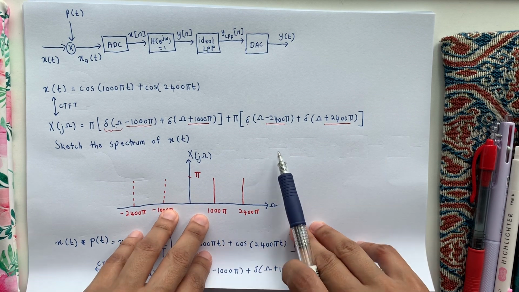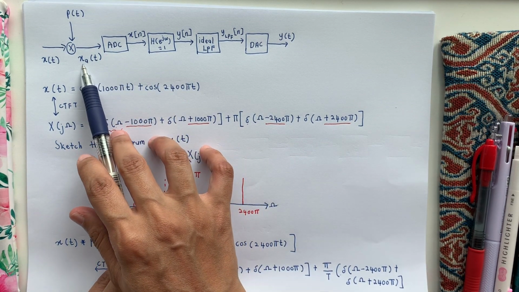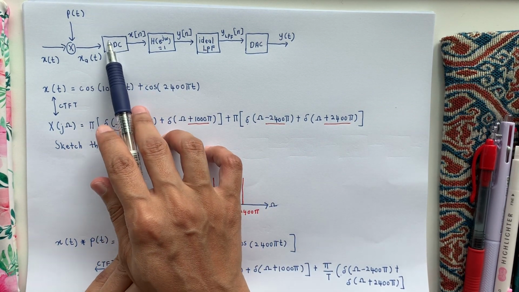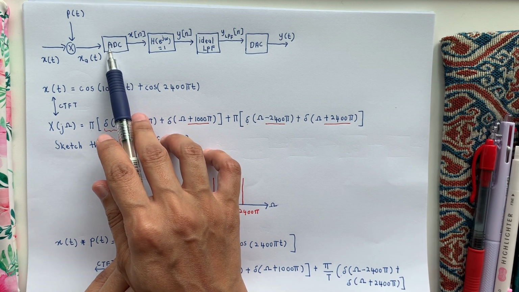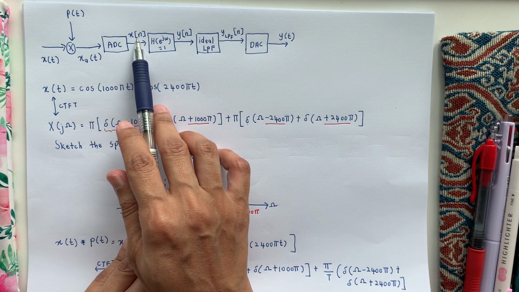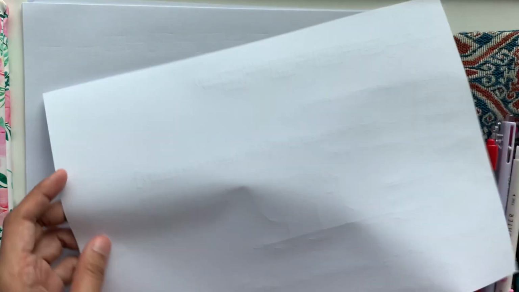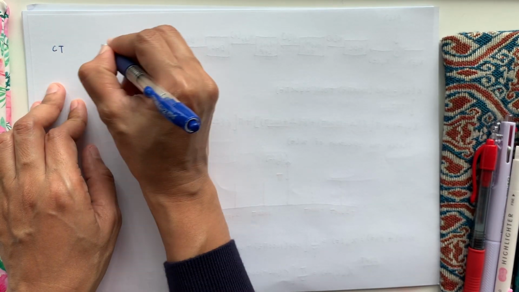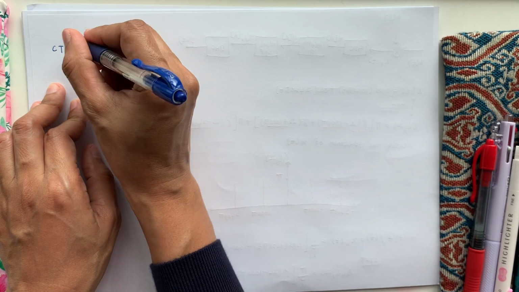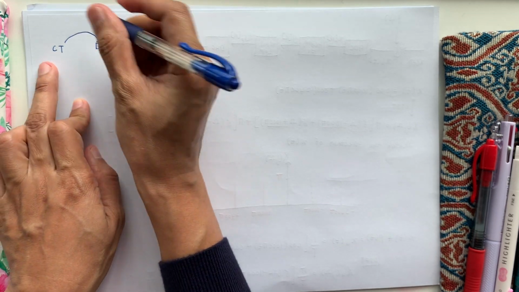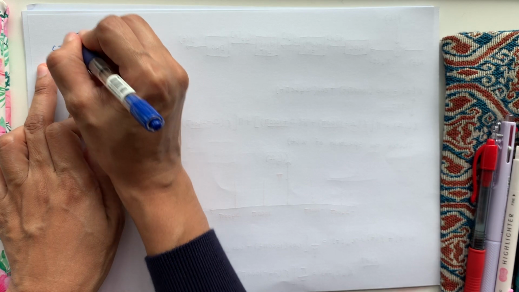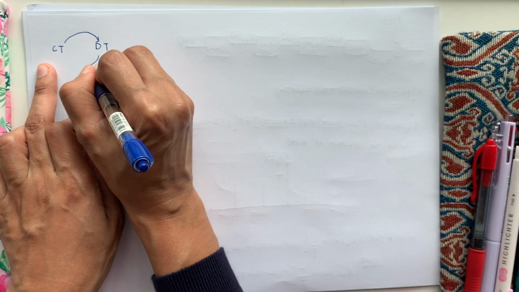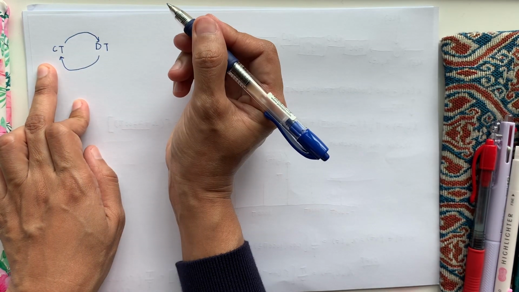Alright, okay, so next, x_a(t) goes to the converter, the analog to digital converter, for you to get x[n]. To answer that, you have to remember the ecosystem. From the ecosystem, you need to convert from continuous time to discrete time, and from discrete time to continuous time.